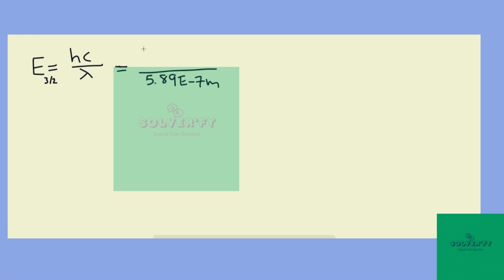And we can use the Planck constant and C. So plugging this in, we end up with a result of 3.379 times 10 to the -19 joules. Okay, so this is the energy to transition to this energy level.